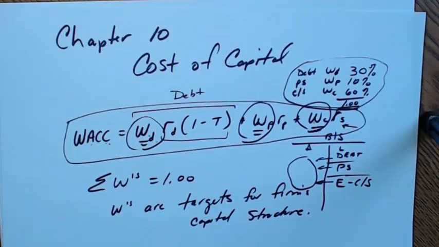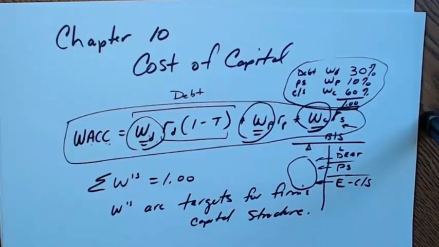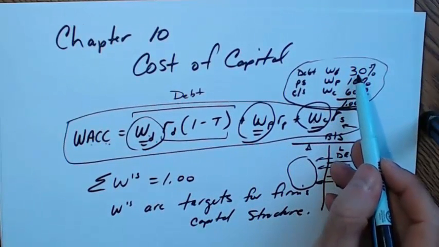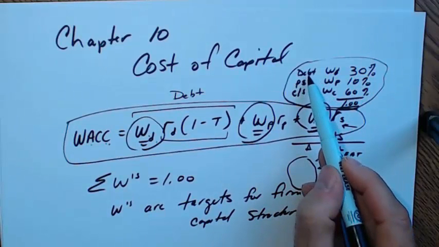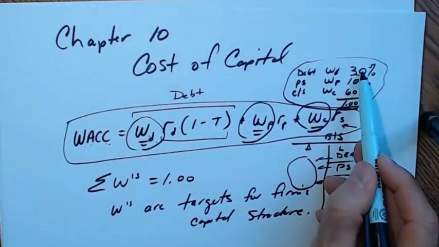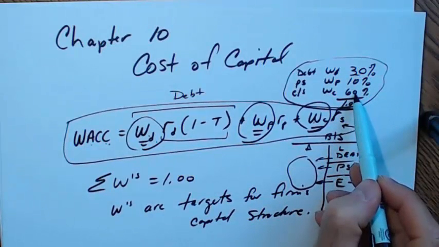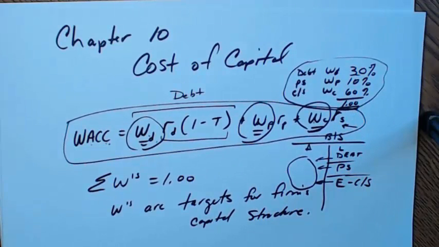So no matter if we issue debt, preferred stock, or common stock, we want to issue it so when we're all said and done, we maintain these weights. If you issue debt by itself, it's going to push up this percentage, and it'll push down these percents, and then you're away from your target. So the assumption is we want to try to maintain this target.